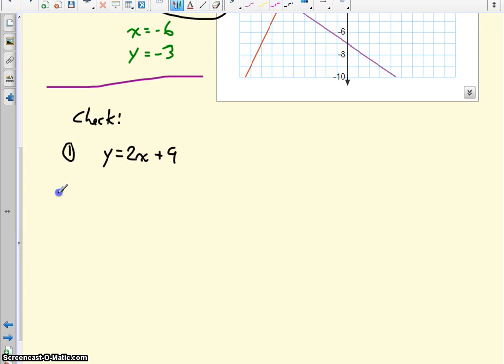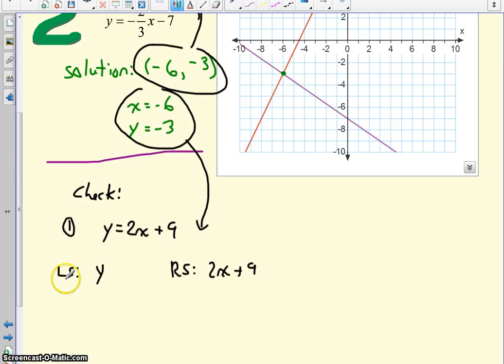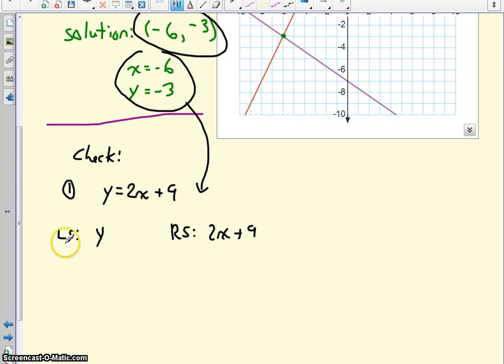Okay, again, separate into two sides. So left side is just y, the left side of the equal sign, and the right side is 2x plus 9. And again, what we're doing here is we're taking our solution, x equals -6, y equals -3, and putting it into both left side and right side to see if the two sides agree with each other.